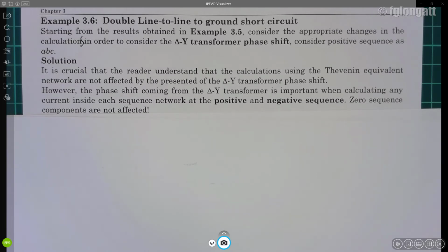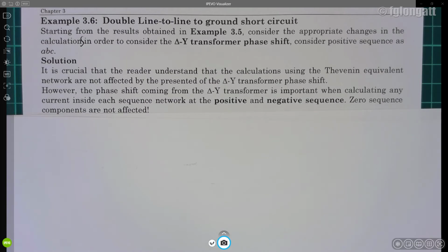Calculations using the Thevenin equivalent model are not affected by the delta star transformer phase shift. Why not? Because we are imposing terminal conditions and the Thevenin model is the full equivalent model of the network.